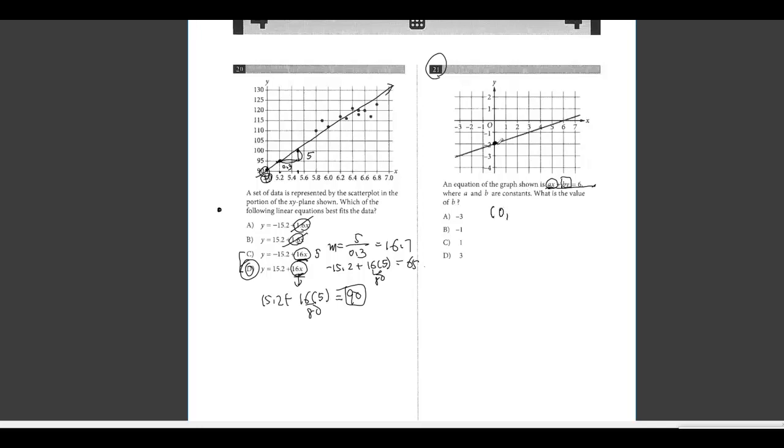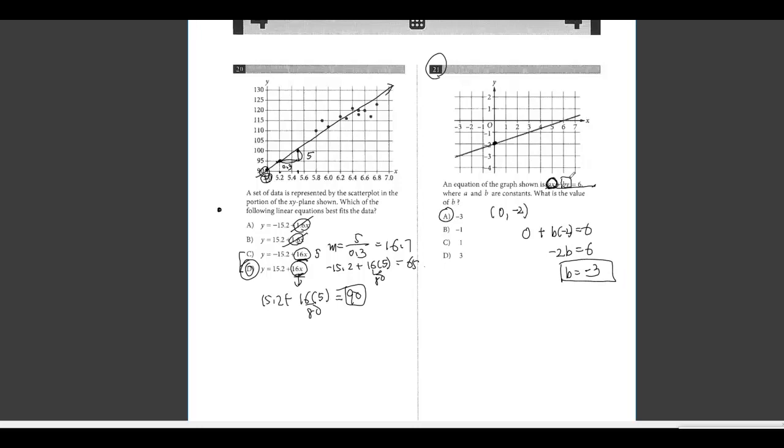When x equals 0, y is negative 2, isn't it? If we choose this point, this term will be 0, right? Because a times 0 is 0. B times y, which is negative 2, is still 6, isn't it? So negative 2b equals 6. You can find the value of b: 6 divided by negative 2 is negative 3. That is the answer, okay?